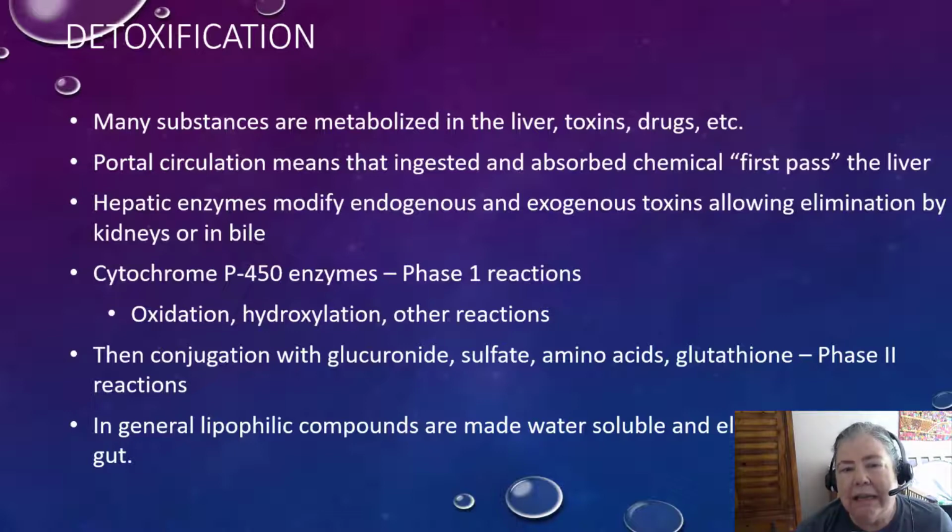And then finally, many lipophilic substances that enter the portal circulation are made water soluble, often by these reactions: oxidation, conjugation. Then they are eliminated in the bile through the gut.